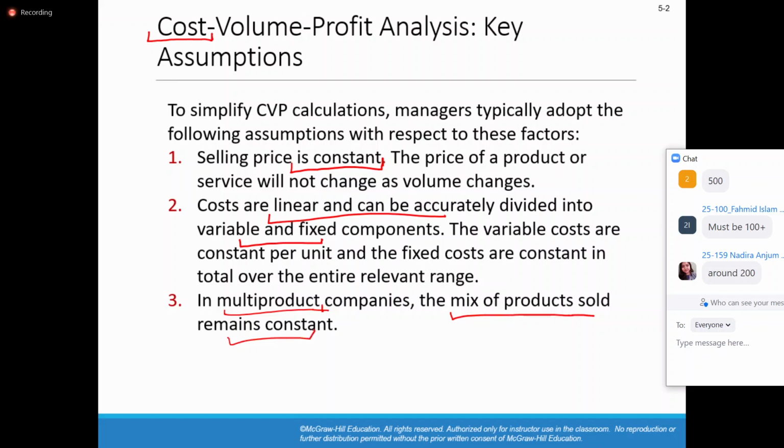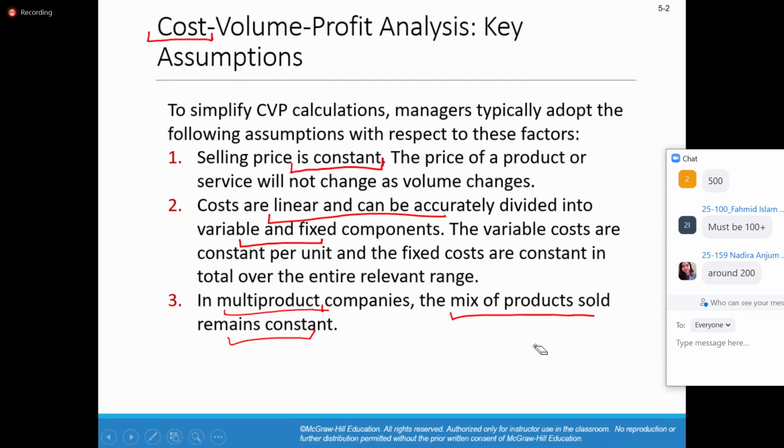Say, Pran has 5 products for simplicity, and Pran juice has 20% share in their product mix in terms of their sales volume, and they have some other, say, food products which have this kind of percentage. So this kind of mix cannot be changed in the analysis.